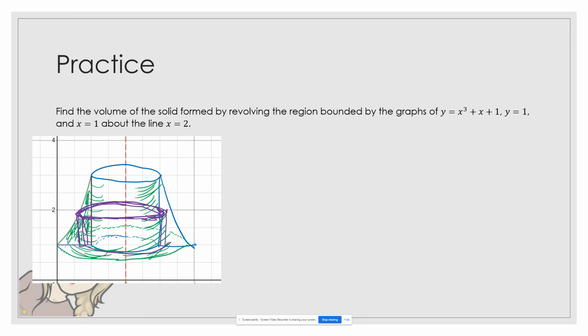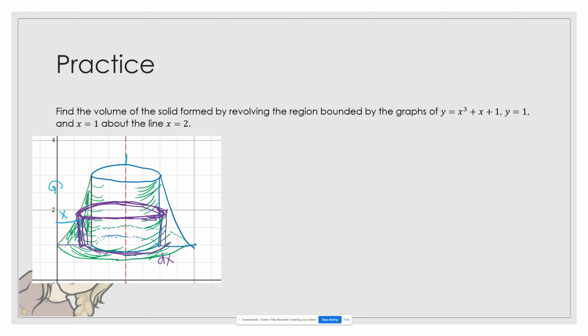To find the volume of this shell, we need to know the width. Well, the width is in terms of x because we do our rectangles like this. We also need to know the radius, and the radius is a little bit different. We know that the distance from here to here is x. But that's not the radius of this, because we are not rotating here, we're rotating here.